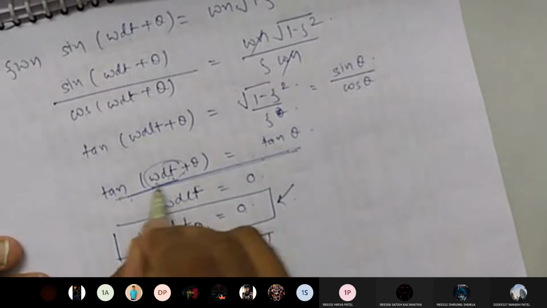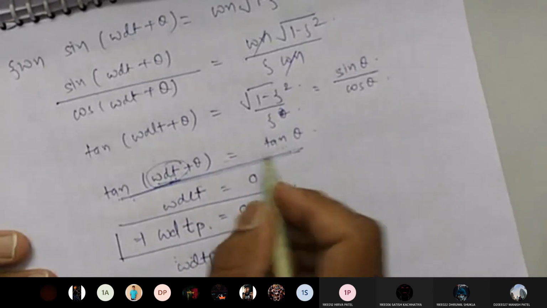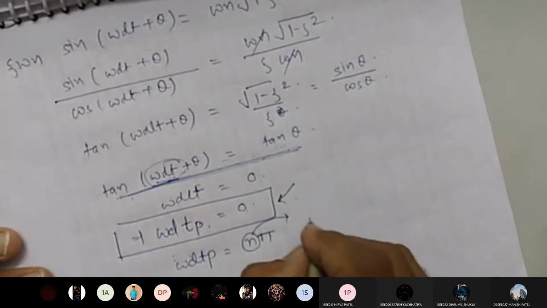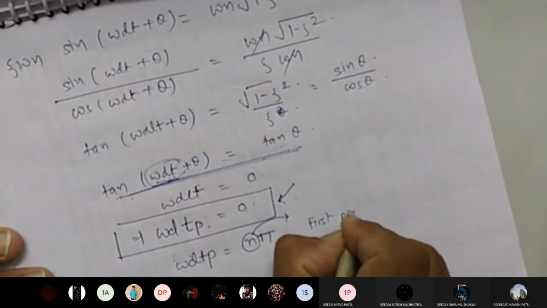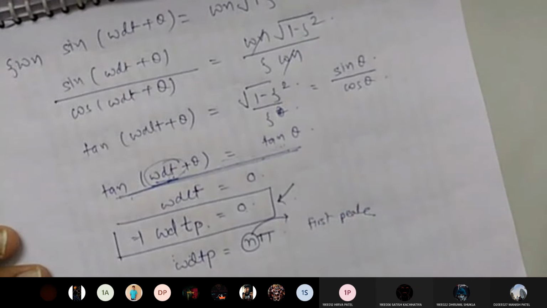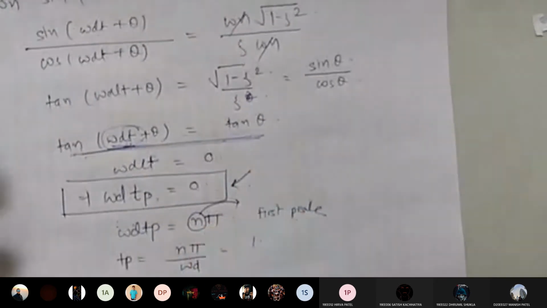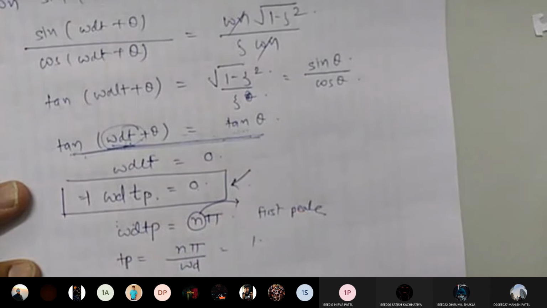If it is there, then and only then this will be equal. Okay, and we are taking the first peak. So Tp is equal to n pi by omega d, and we are taking n equal to 1, so it will be pi by omega d, or in other words pi by omega n under root 1 minus zeta square.